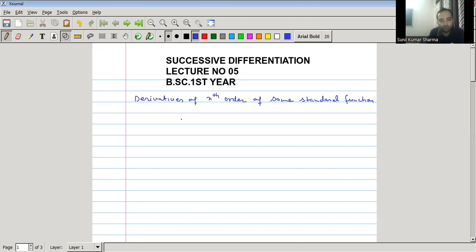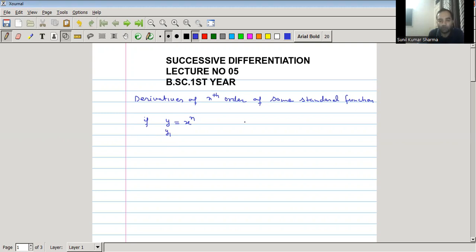So let us start with a simple question. If y is equal to x raised to power n, we use y1. y1 means the first derivative of y with respect to x.